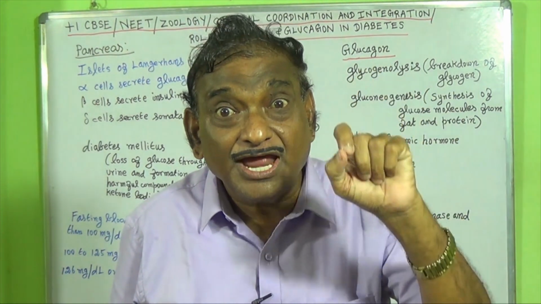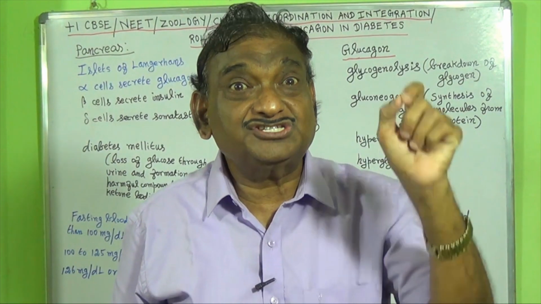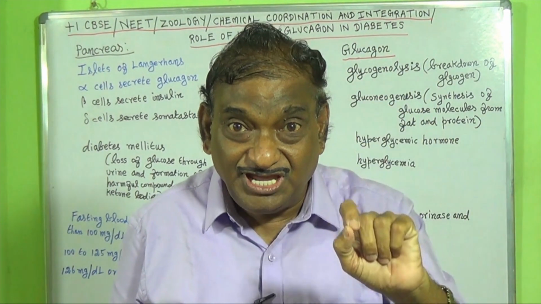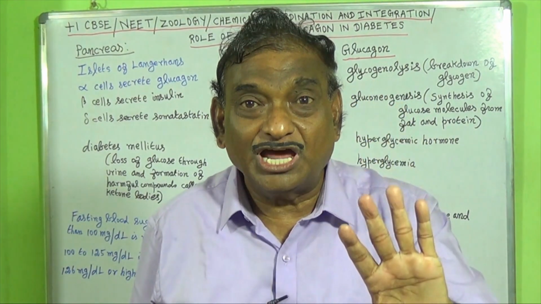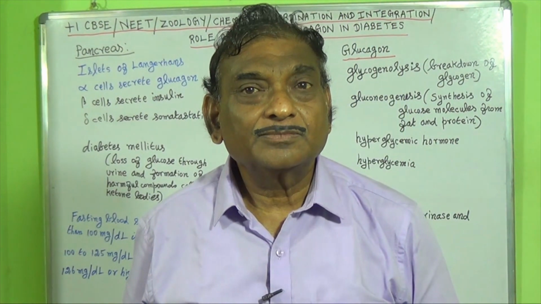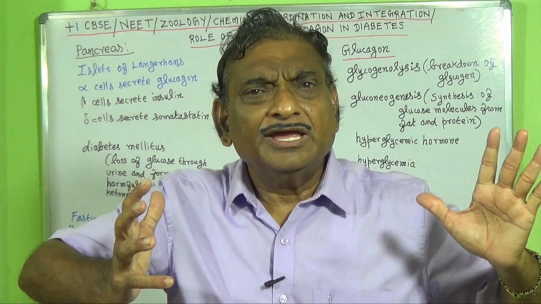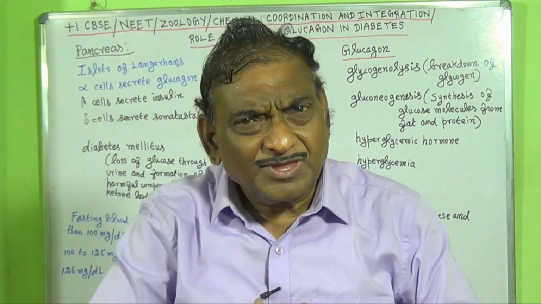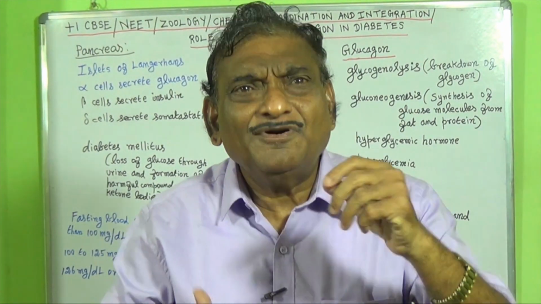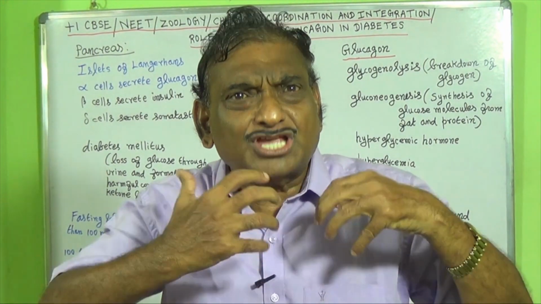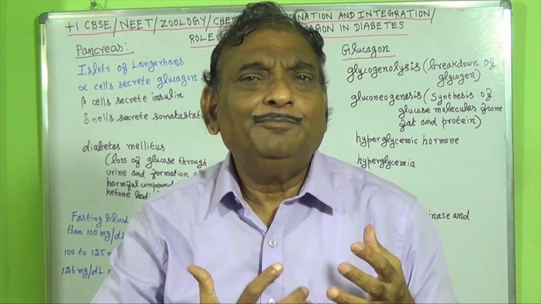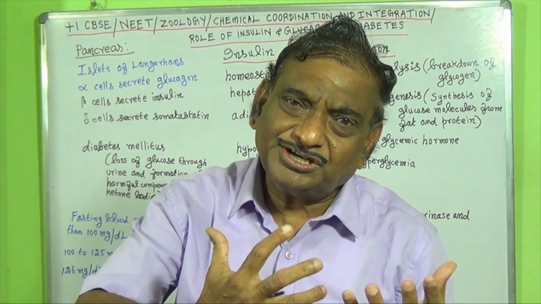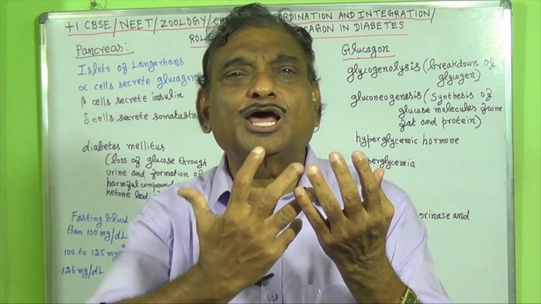Then a situation arises in which the blood glucose level is low. Suppose we are sleeping deeply. At that time, our body could ask us, "Sir, madam, can you eat so that I will get the carbohydrate?"